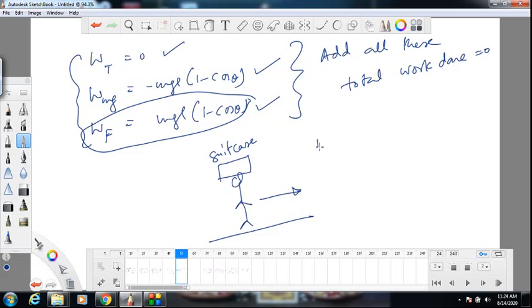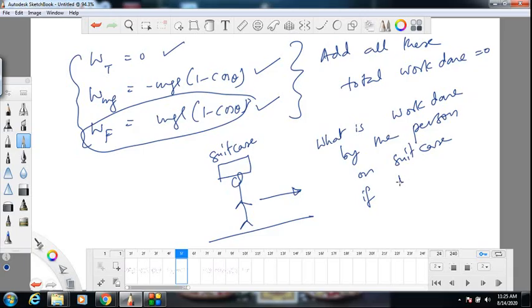So the question is, what is the work done by the person on the suitcase if he moves by a distance L in a straight line? Mass of the suitcase is M.